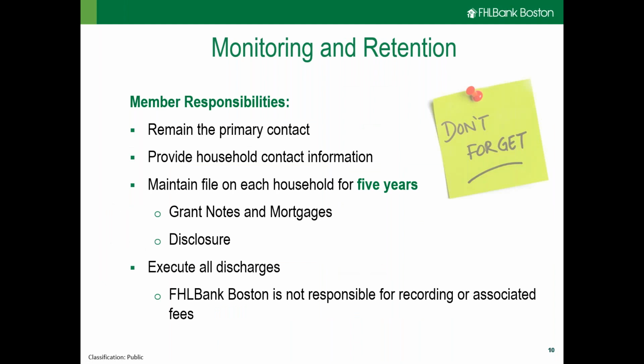One more question, before we get into monitoring and retention: with online homebuyer education, is there no additional in-person counseling session required? So we require education and counseling.